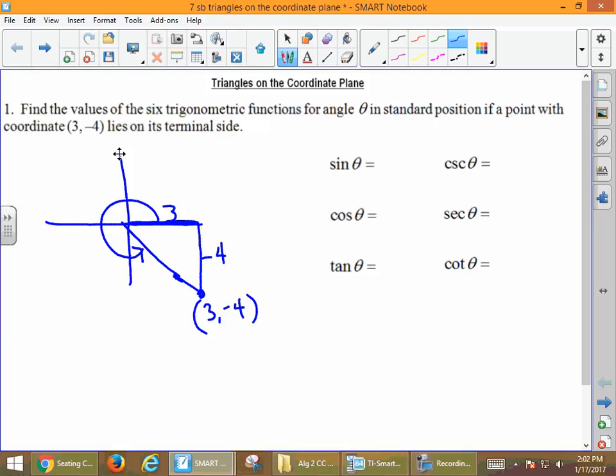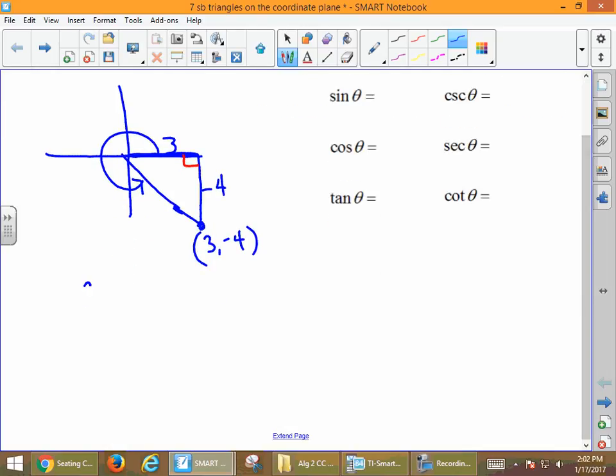And what we need to figure out is, well, what's the length of this hypotenuse? And it is a right triangle here. Well, any ideas on how to calculate the length of the hypotenuse? Gracie? Close. A squared plus b squared equals c squared. Pythagorean theorem, for all intents and purposes.